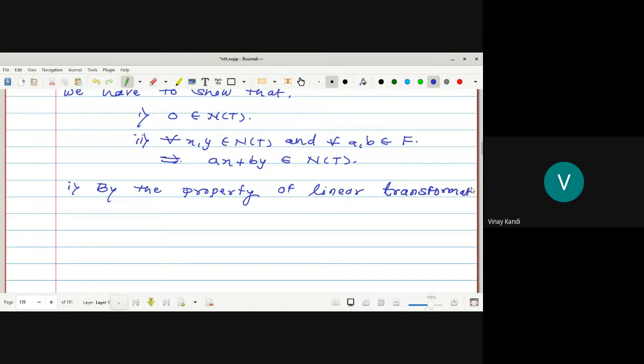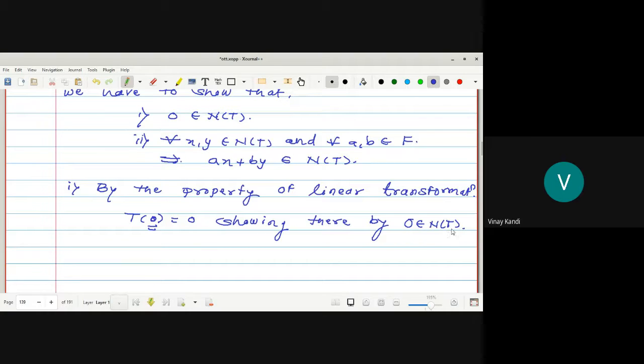T of 0 is equal to 0. The 0 element must map to the 0 element. So this 0 belongs to the null space of T. Image of the 0 element must be 0.